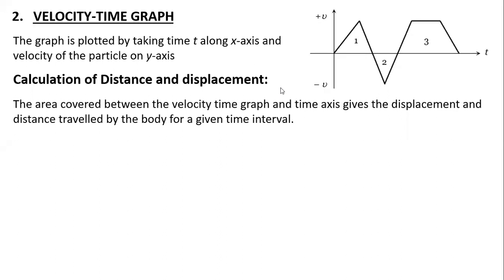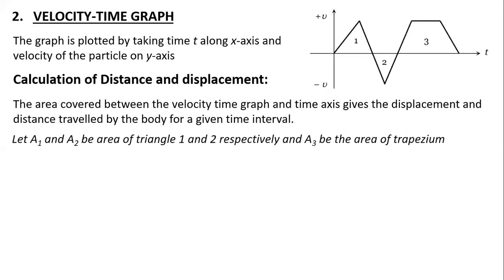Whenever you have a velocity time graph, you need to remember to calculate the area under the graph. So I labeled 1, 2, 3 to define the different areas. A1 and A2 are the areas of triangles 1 and 2, and A3 is the area of the trapezium, sorry. So I'm defining 3 different areas.